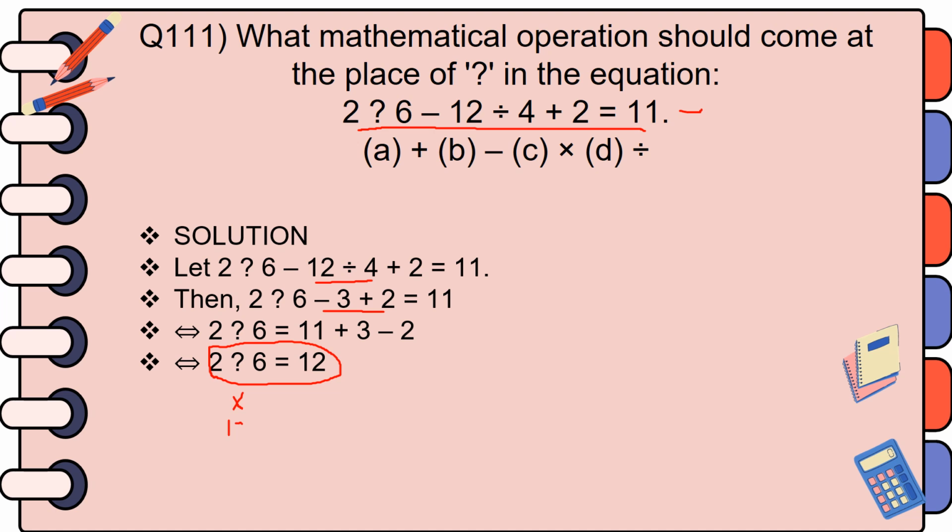Then 12 is equal to 12, and multiplication makes this equation true. So the operation that should come in place of the question mark in the equation is multiplication. So your answer for this question is choice C.